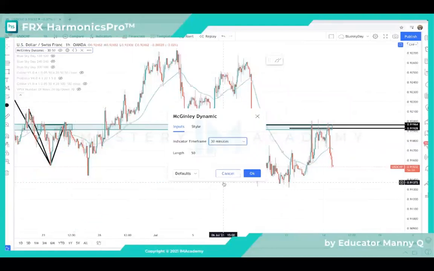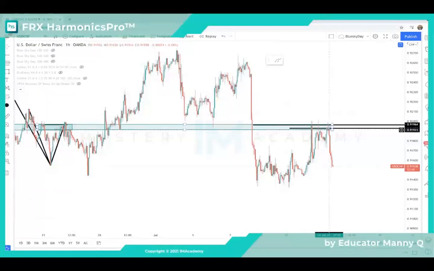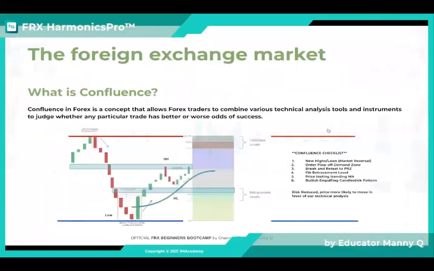I'm just trying to finesse this thing over here. I might have to use something else. But let's say the MA was right up there as well. That could give you another confirmation, right? At that one area in price. Looking at the bearish engulfing candle, confirmations, confluence confirmations, ladies and gentlemen.